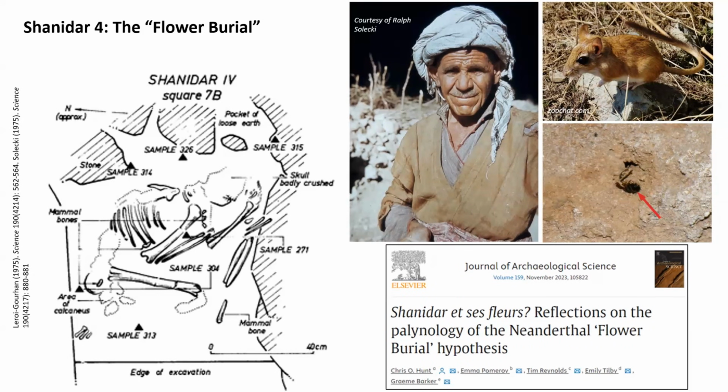Over the years, some people have argued that maybe it was brought in by his workmen, who Solecki says himself liked to tuck flowers into their waistbands. And this is one of Solecki's beautiful portraits from the archives. Some more recently argued that perhaps it was Kurds burrowing down and bringing their flowers into their burrows, which they were known to do.